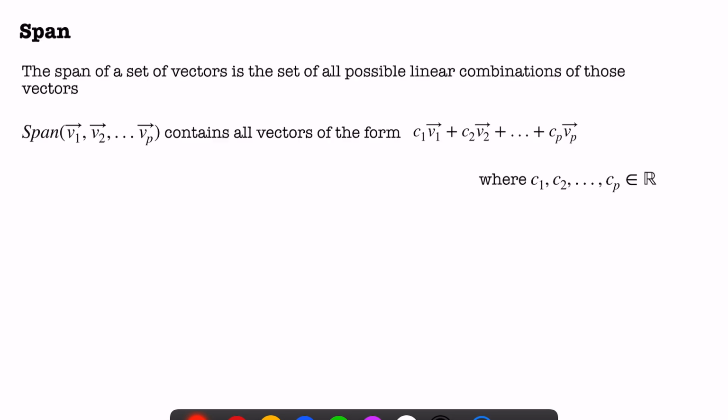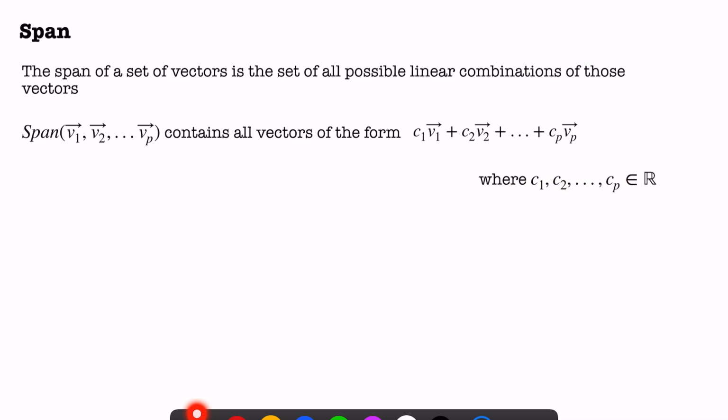Next comes the span of vectors. The span of a set of vectors is the set of all possible linear combinations of those vectors. So span of v1, v2 till vp contains all vectors of the form c1 v1 plus c2 v2 till cp vp, where c1, c2 till cp are all scalar numbers.